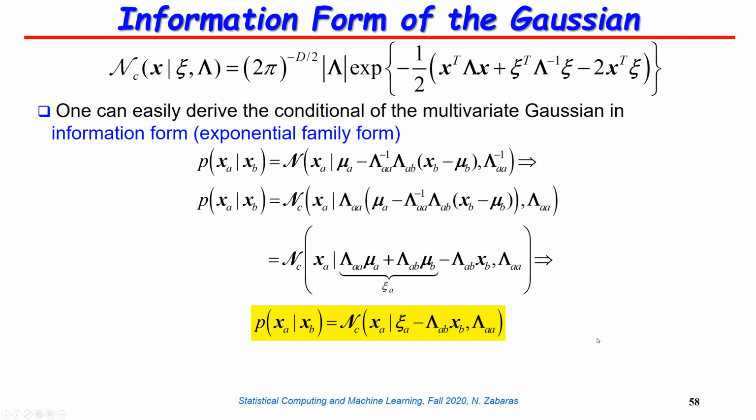So anyways, the conditional of the Gaussian in this natural canonical form looks very simple.